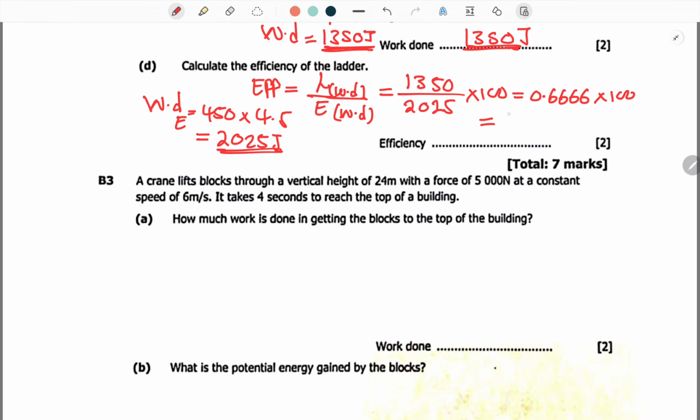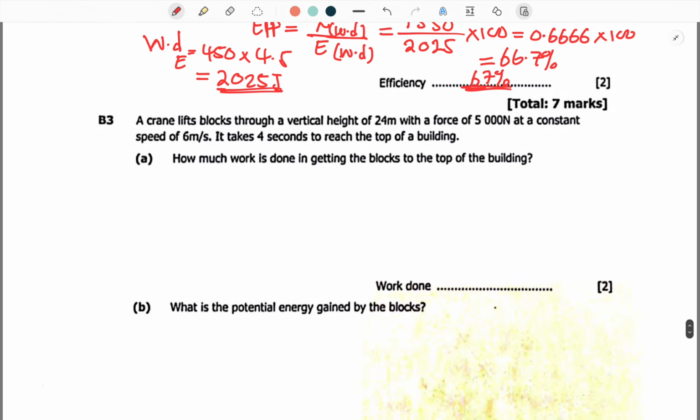We are getting 66.7%, which is just 67% if you round it to a whole number. So how do you remember efficiency? Efficiency is load over effort, that is, the work done by the load over the work done by the effort. That is how you find your efficiency. Okay.